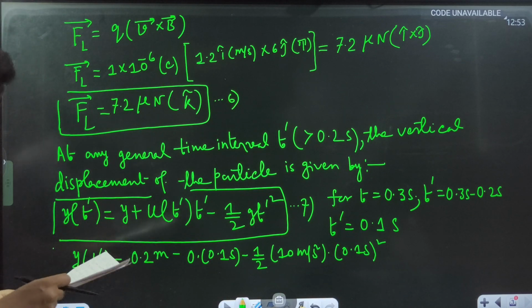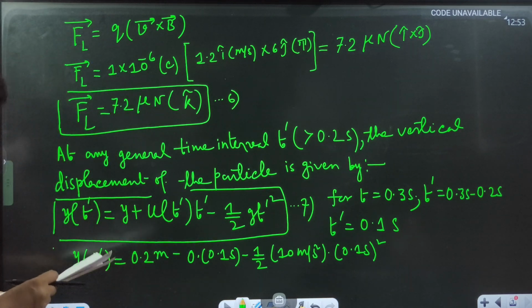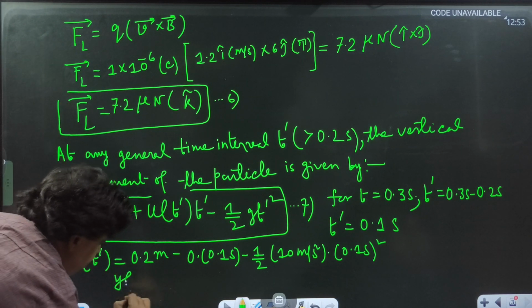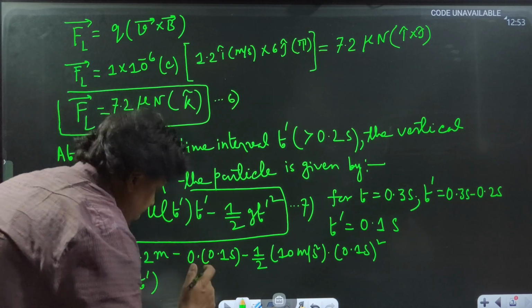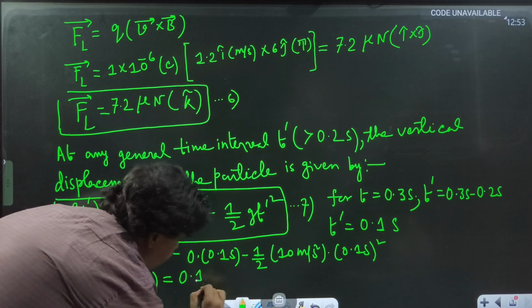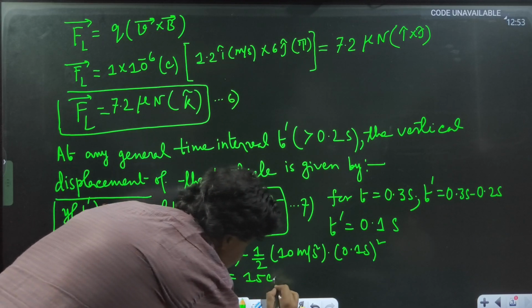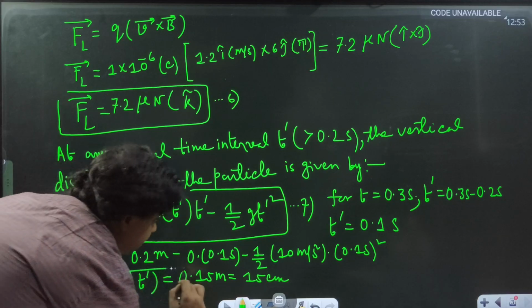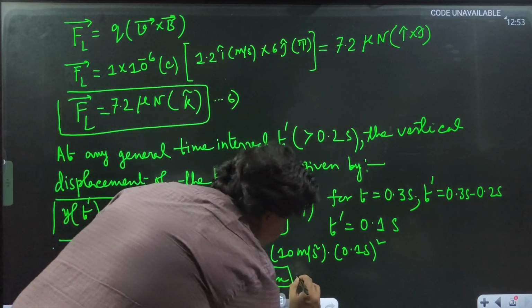If you do this calculation, you are straight away going to get y t dashed equal to 0.15 meter, which is 15 centimeter. This is our equation number 8.